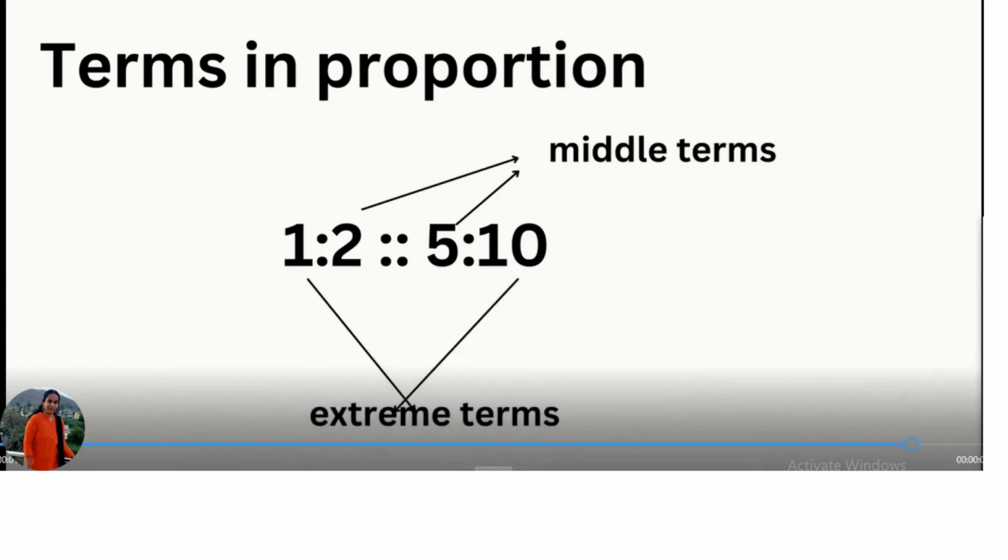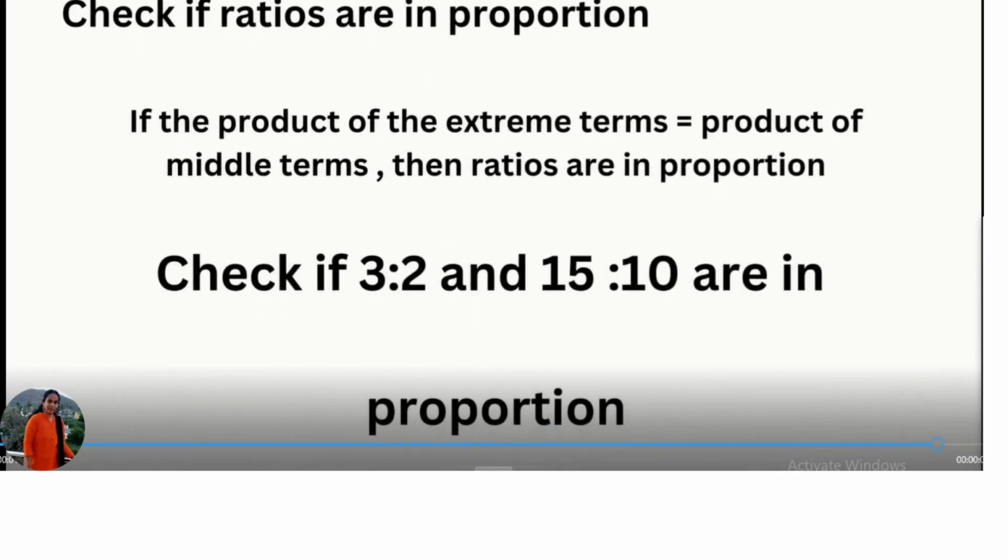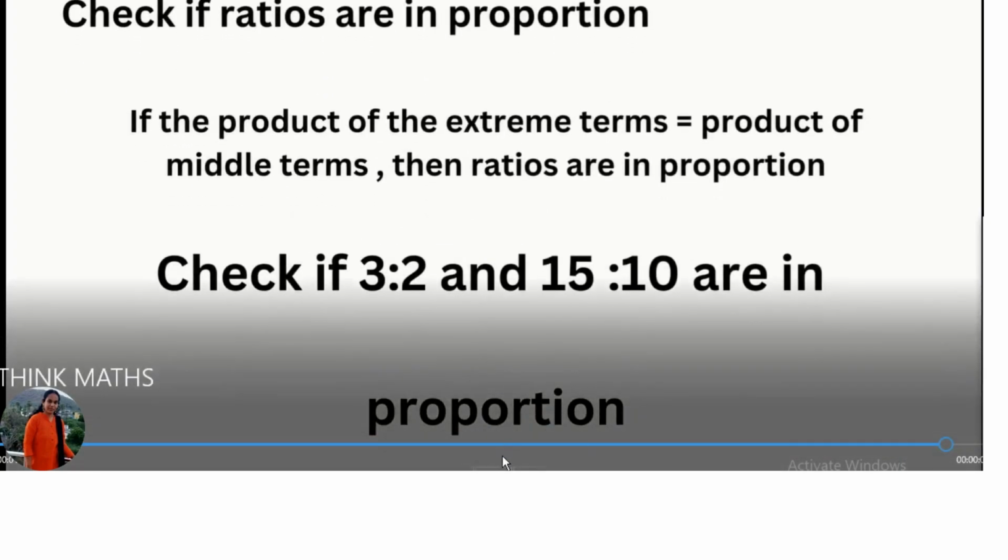So next one, we have to check if the product of the extreme terms is equal to the product of the middle terms, then the ratios are in proportion. So check if 3 is to 2 and 15 is to 10 are in proportion. So product of the extreme terms.